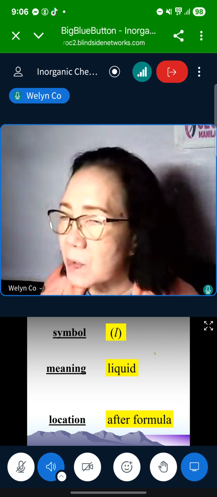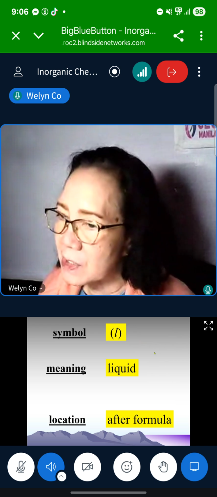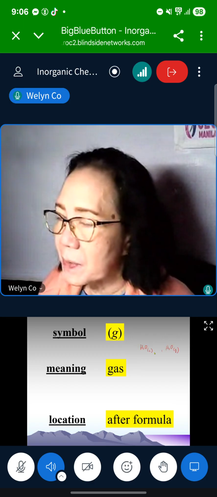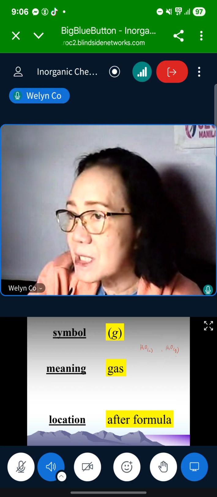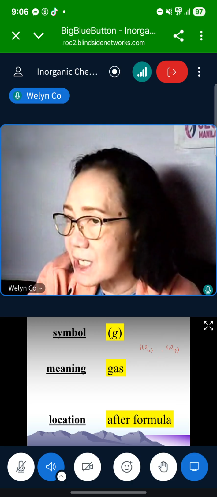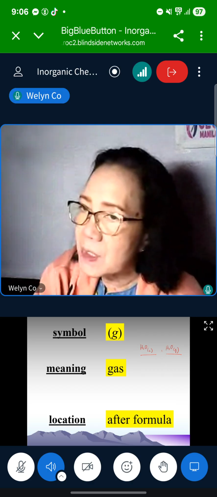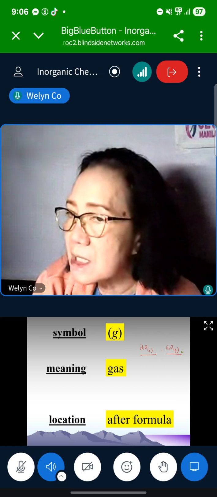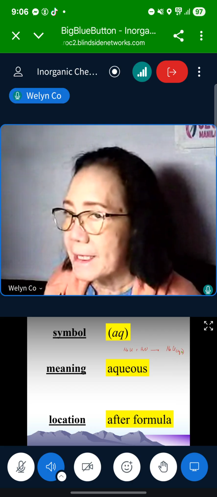L, this is enclosed in small letter L in a parenthesis, determining that the substance is a liquid. It is written after the formula. So example, your water (l), or this would be with a subscript of g. Okay, enclosed in parenthesis ang small letter L, enclosed in parenthesis ang small letter g. Because letter g is also a symbol that the substance has the characteristic of a gas.